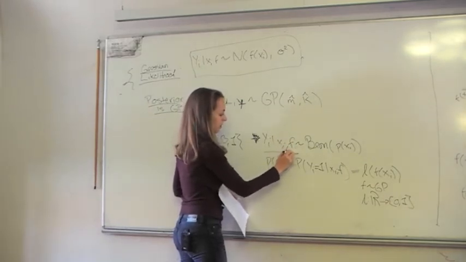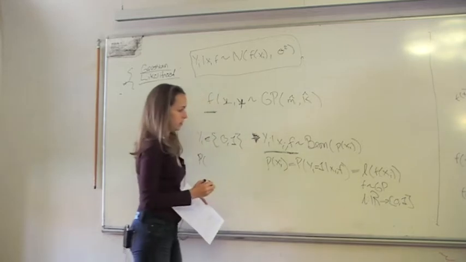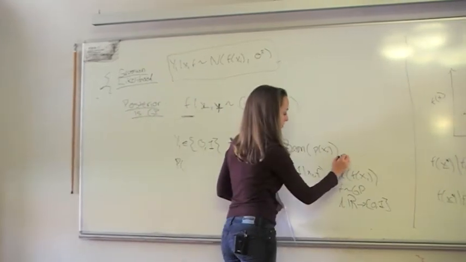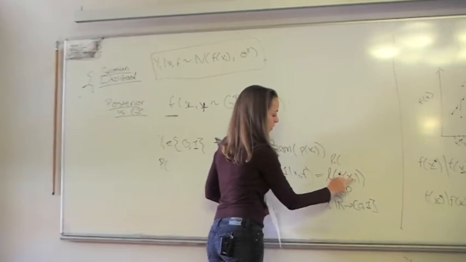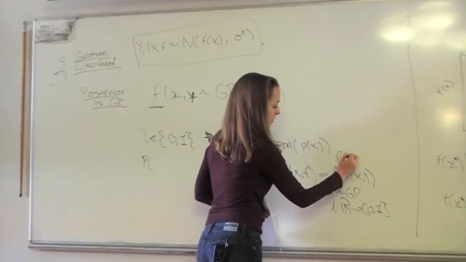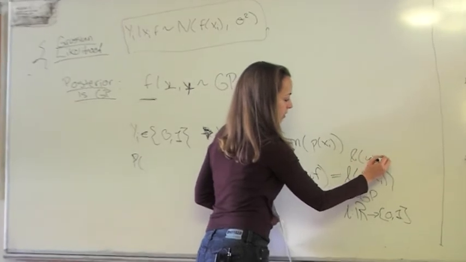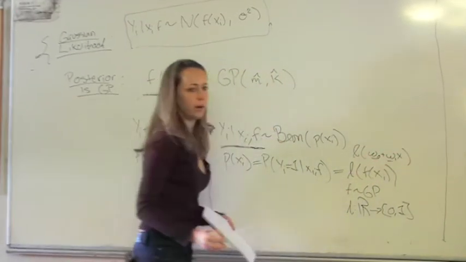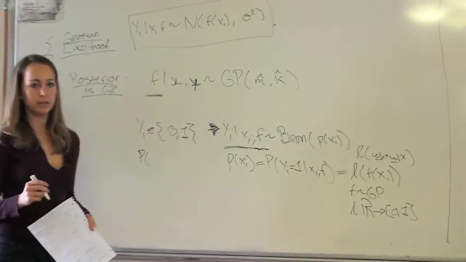If you look at just the simple linear case, where we have some link function and we say that this is a linear function of x, there's no conjugate prior for the weights w.